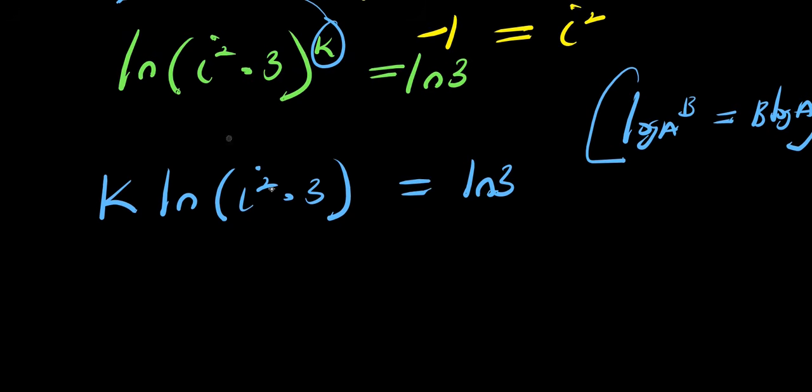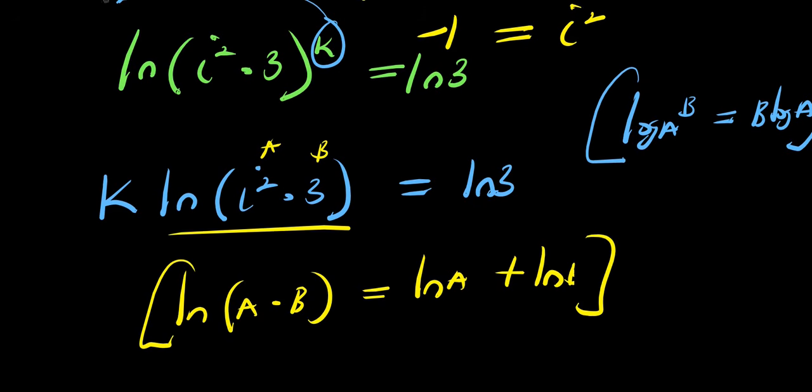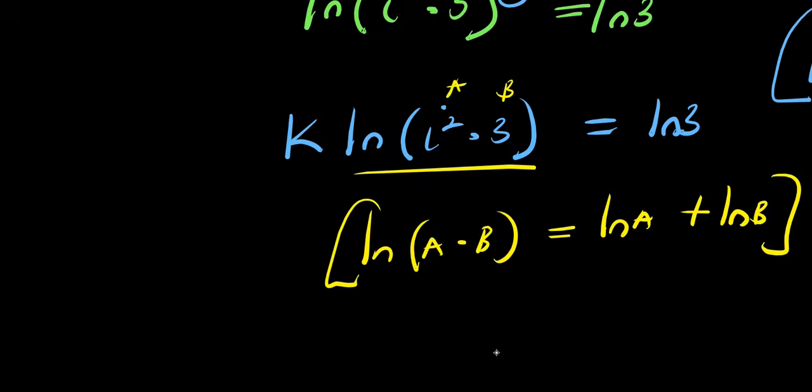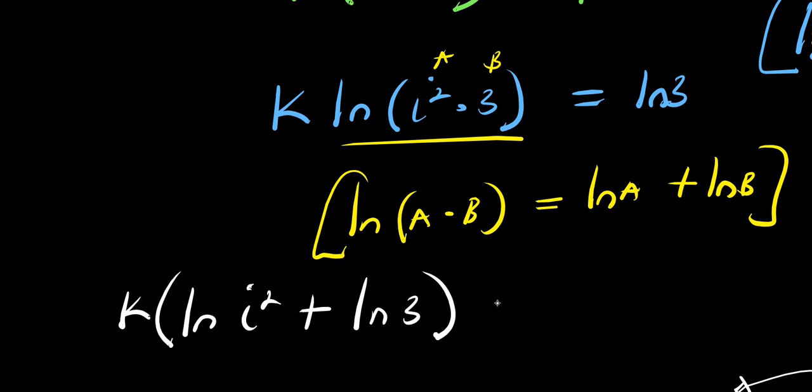So this also is our a, this is b. If you have natural log of a times b, this equals natural log of a plus natural log of b. Applying that here, we are simply going to have k times (natural log of i^2 plus natural log of 3) equals natural log of 3.